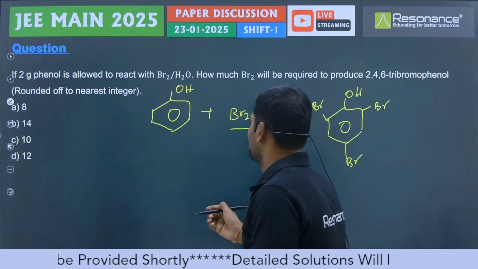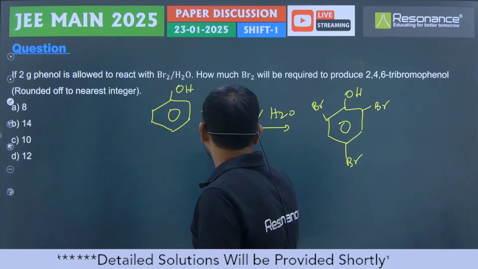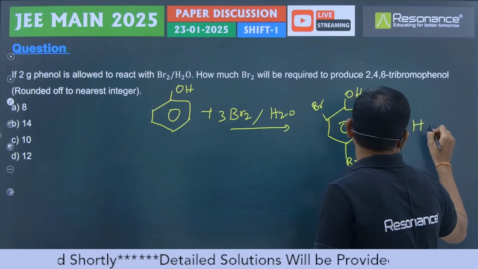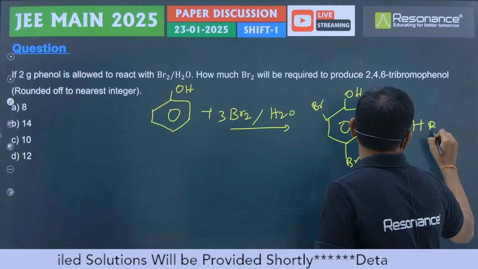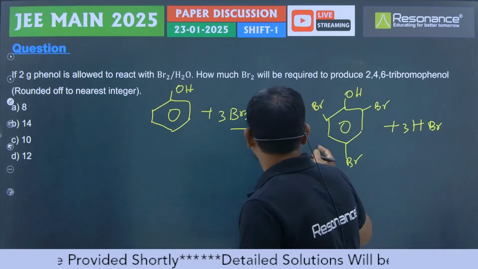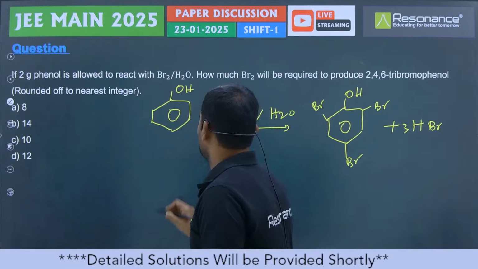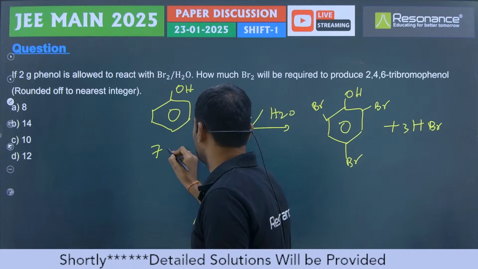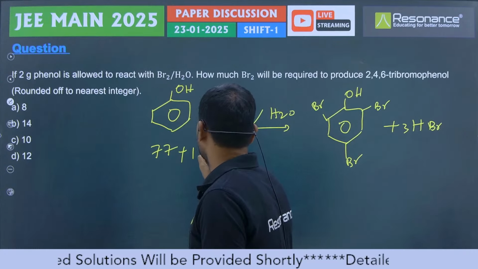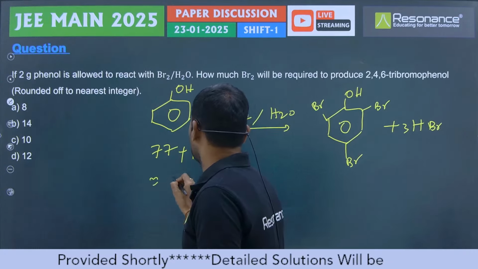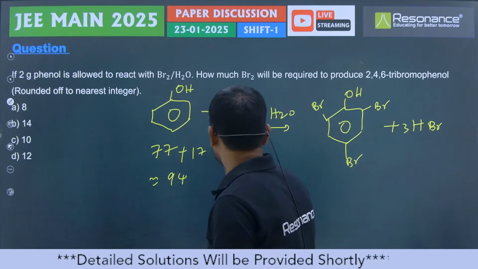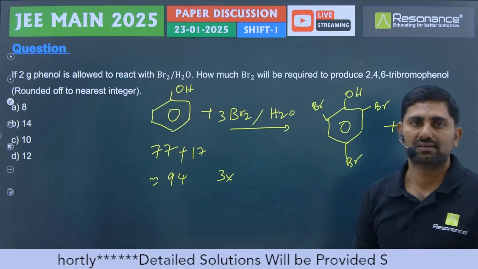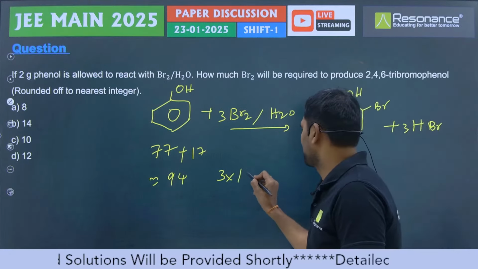That's very simple. First balance the equation. How much bromine is required? 3 bromines are required here, because we'll get 3 HBr. If you calculate the molecular weight, benzene is 78. By removing one hydrogen, we'll get 77. Adding OH, 17, so approximately 94 is the molecular weight of phenol. We need 3 into Br2 mass, which is 160.